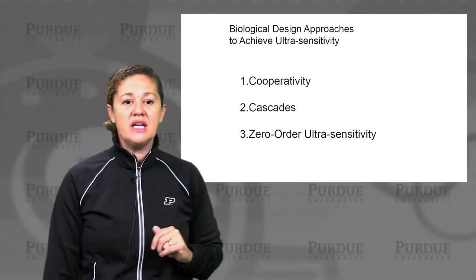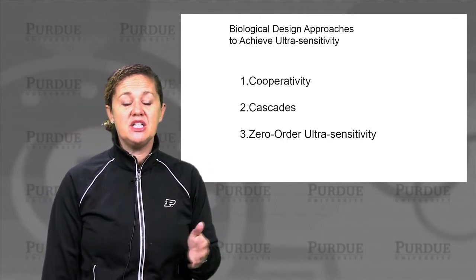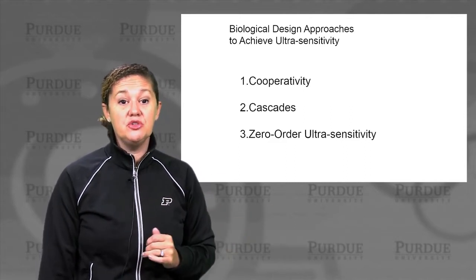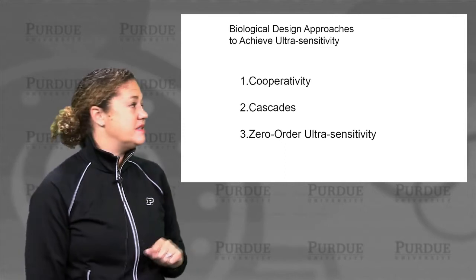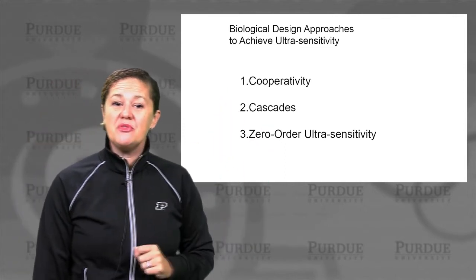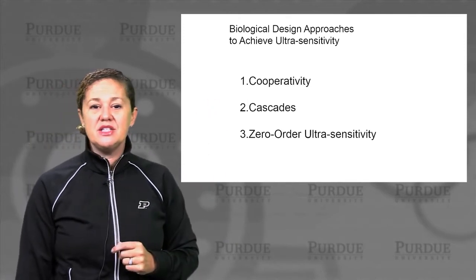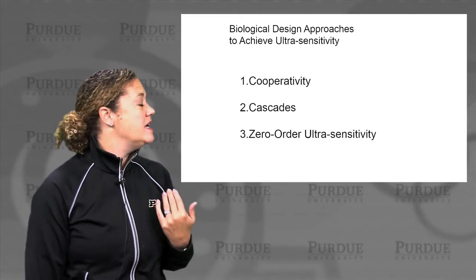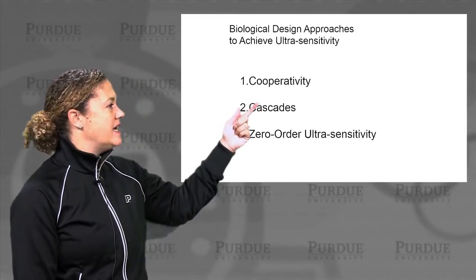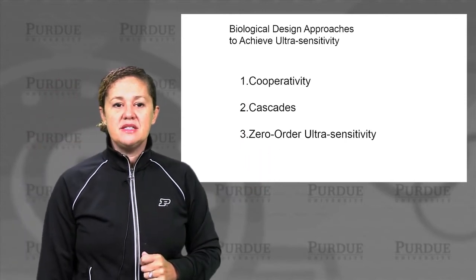Now, these occur in natural biological systems, and we can use the same strategy to engineer systems when we want to achieve ultrasensitivity in a sensor system. And so we're going to look at cooperativity, which we've looked at previously in our gene expression models. This comes down basically to, for example, increasing the n on our Hill function. We're going to look at cascades, and we're going to look at something called zero order ultrasensitivity.